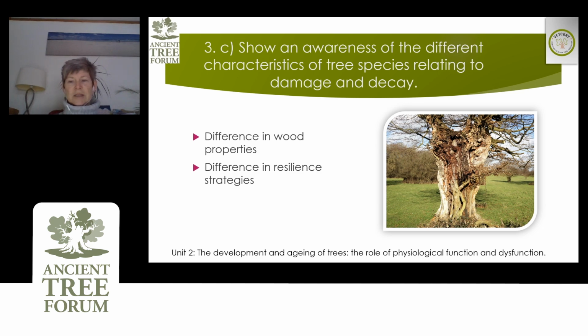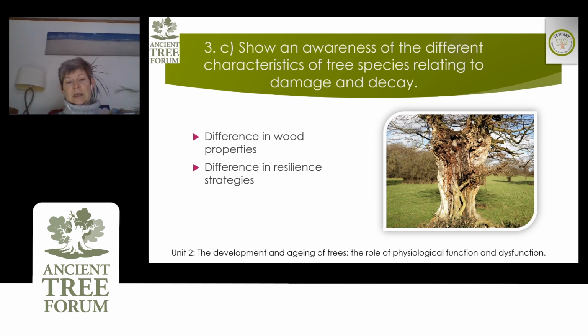So we've already mentioned this a little bit, the awareness of the different characteristics of tree species, but relating to damage and decay. So the difference in wood properties. With oak having heartwood, which is also very decay resistant because it contains resins and other chemical compounds, which actually hinders the development of decay, in comparison with beech, which has ripewood, and those two differences in wood properties have an impact on the development of decay.